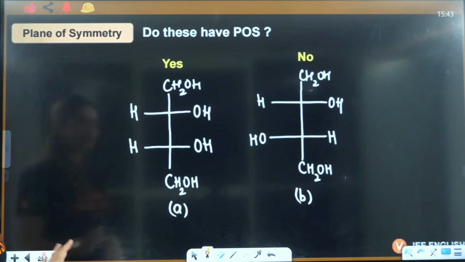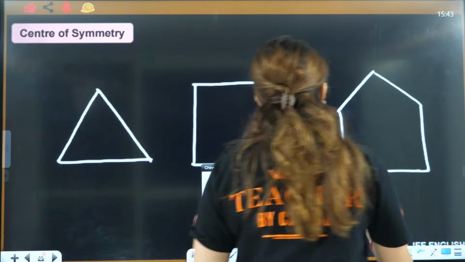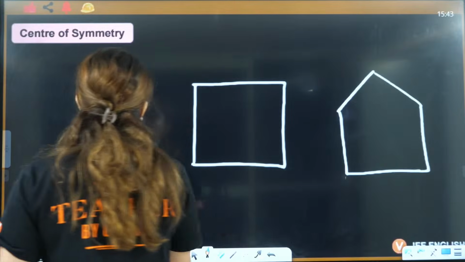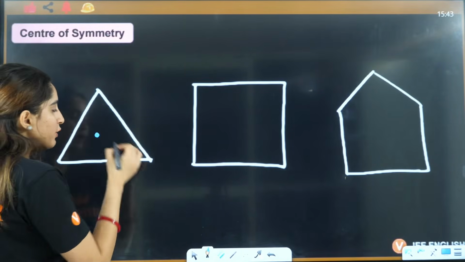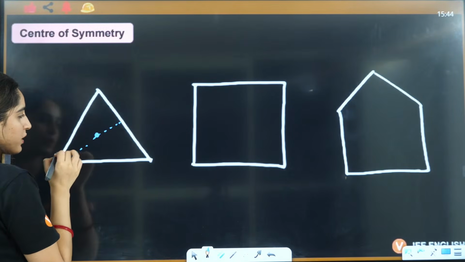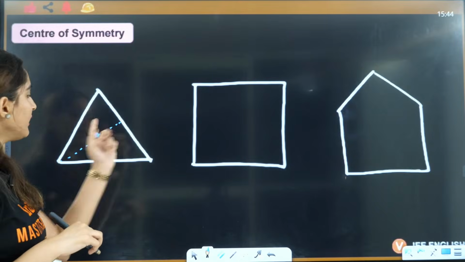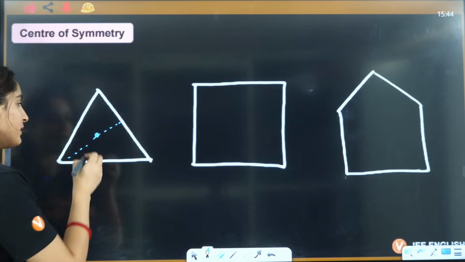Okay, so let's talk about center of symmetry. Center of symmetry means from the center there will be a point. What you have to do is go forward, then go backward. Here you see a line and here you see a corner, so this is not a center of symmetry.